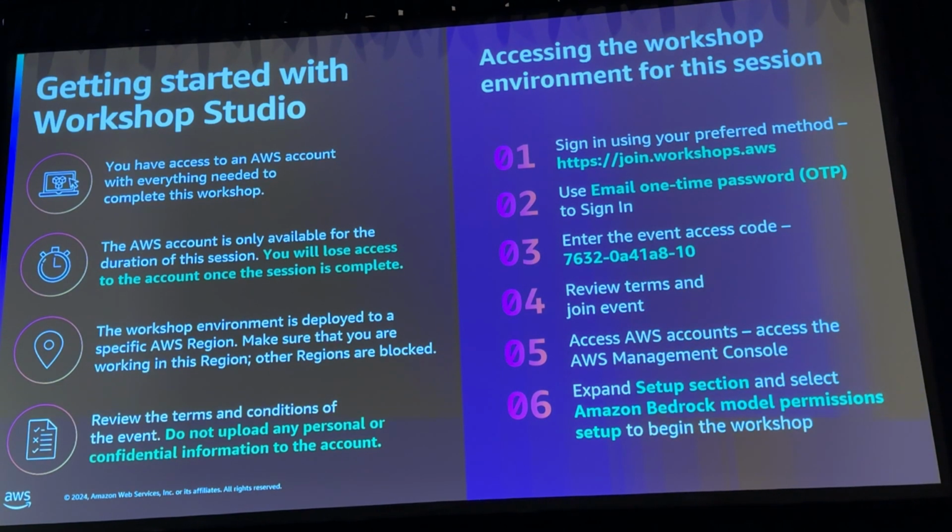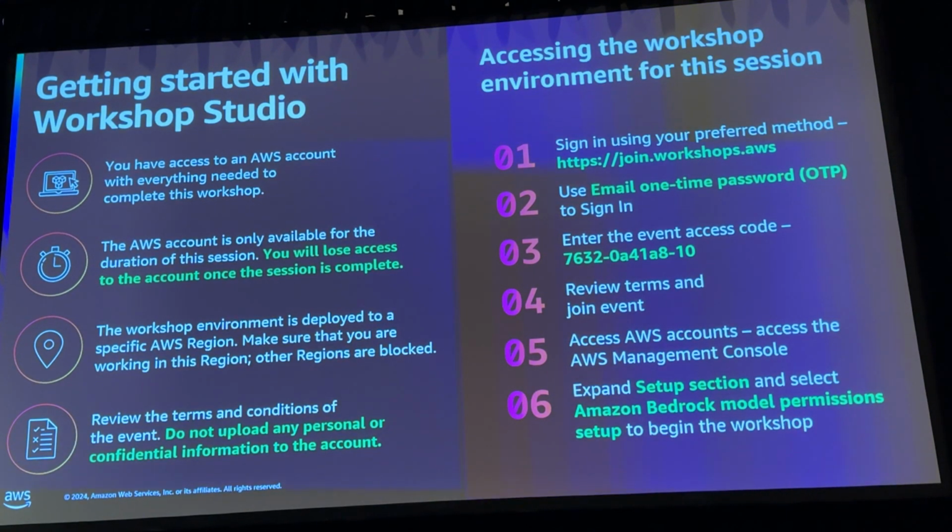So for this workshop, we have created a temporary AWS account for each of you to run through the workshop. These accounts are pre-configured with all the required resources that you need to run the workshop. Another thing is that all of these accounts would be available only for the duration of this workshop session. So make sure that you are able to complete all the steps during this period.